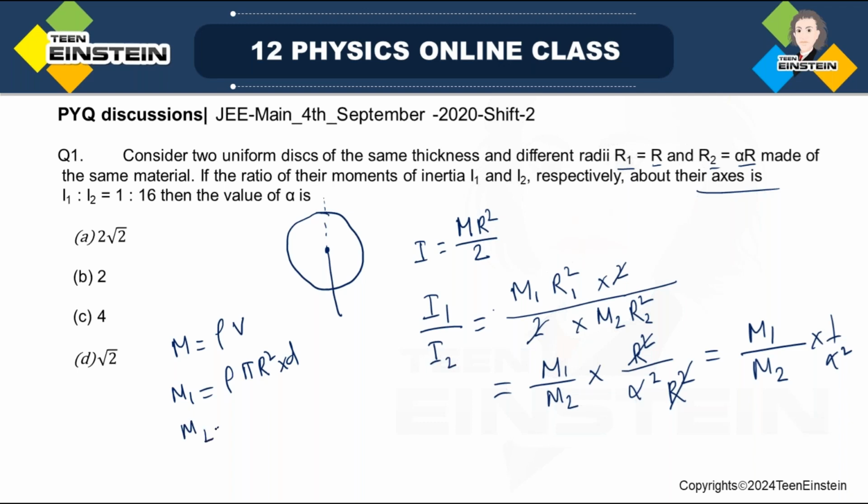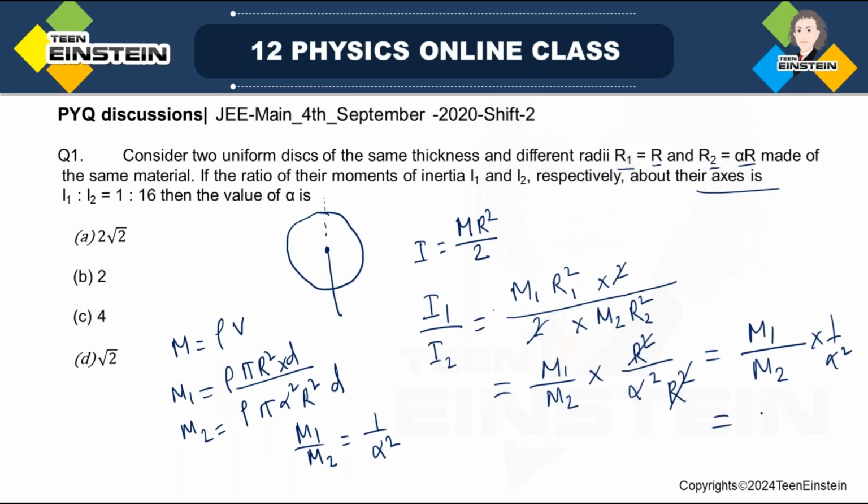M2 also will be rho pi alpha square r square into d. If I take the ratio M1 by M2, rho, pi, r square and d cancel, and I get 1 over alpha square.